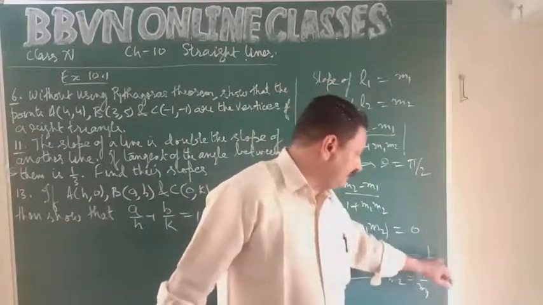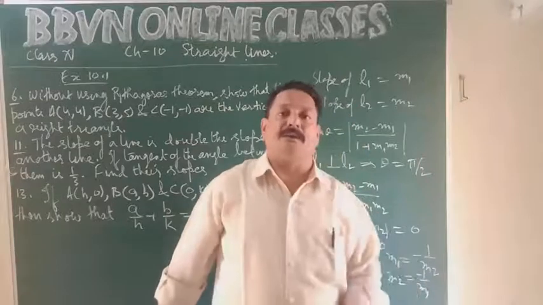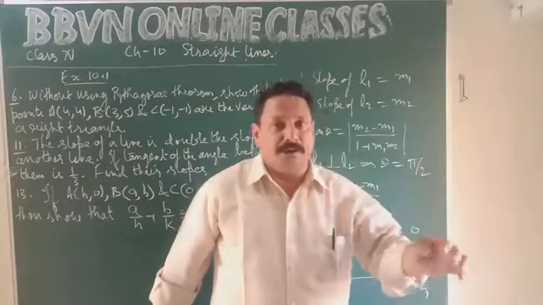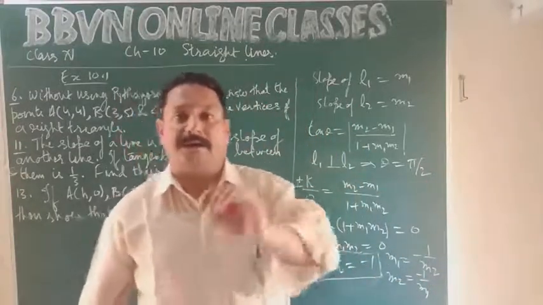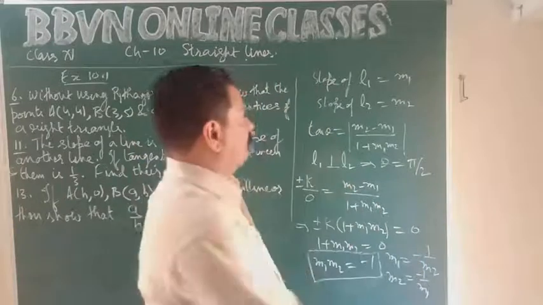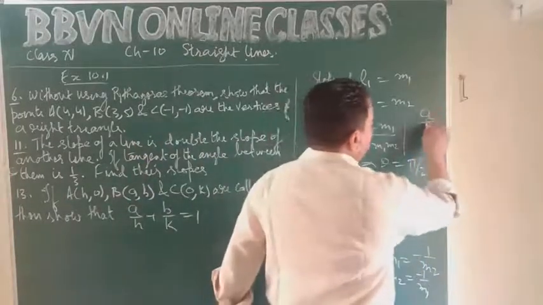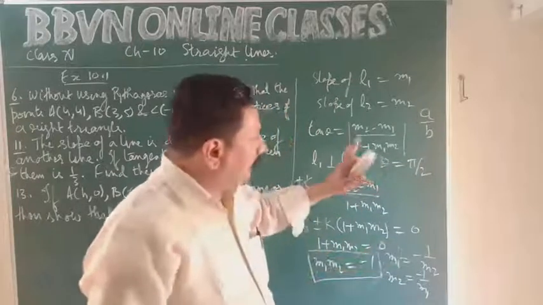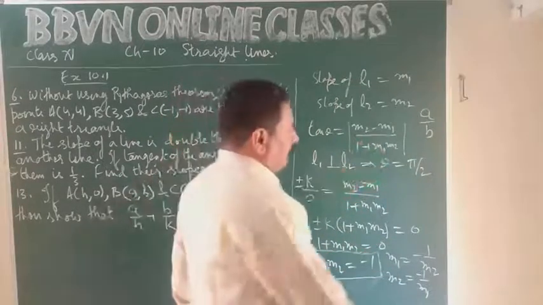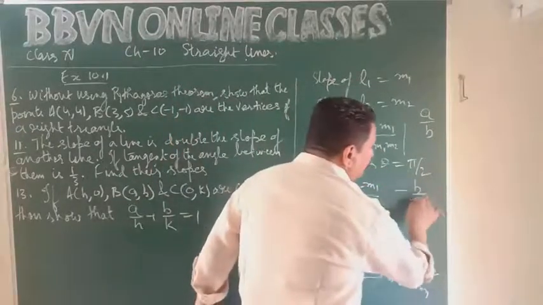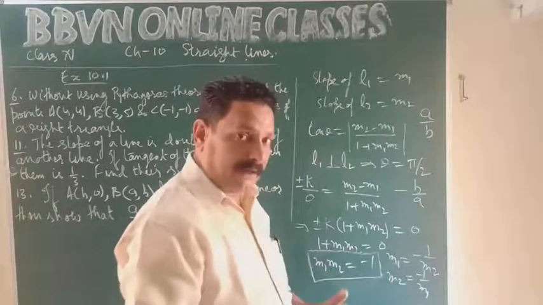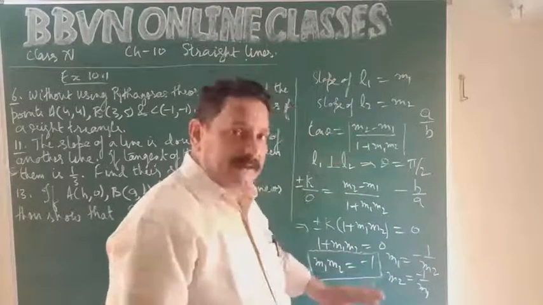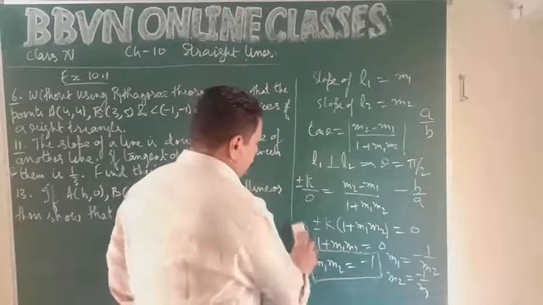If it is minus 1 upon M2, negative reciprocal. एक लाइन का स्लोप दूसरे लाइन के स्लोप का नेगेटिव रेसिप्रोकल होगा. For example, the slope of a line is a upon b. So any line perpendicular to it will have a slope minus b upon a, negative reciprocal. Understood? We will use this concept for question number 6.